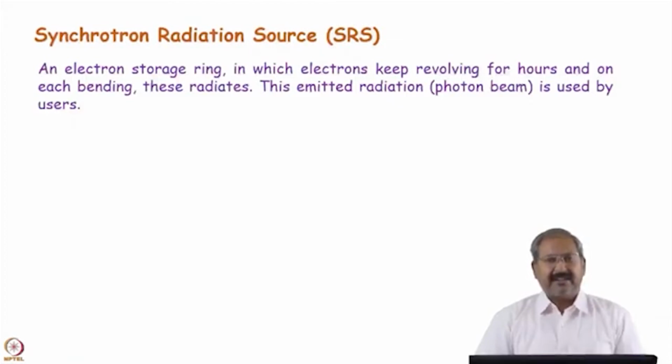So an electron storage ring means a synchrotron which is operating at constant energy mode. In that electron storage ring electrons keep revolving for many hours, and on each bending these electrons radiate, and this radiation can be used by different experimentalists. So this kind of accelerator is known as synchrotron radiation source. This radiation is known as synchrotron radiation.